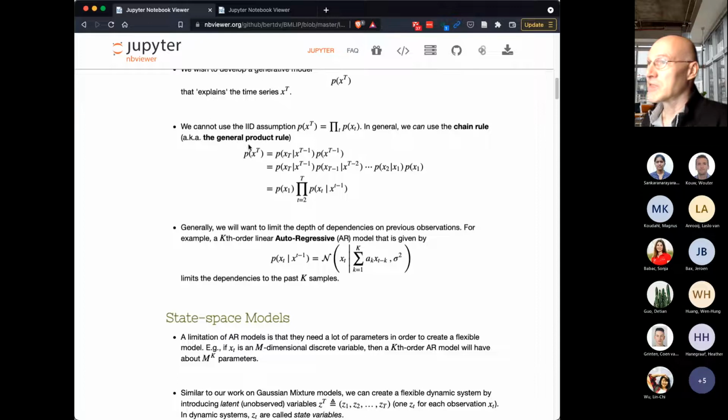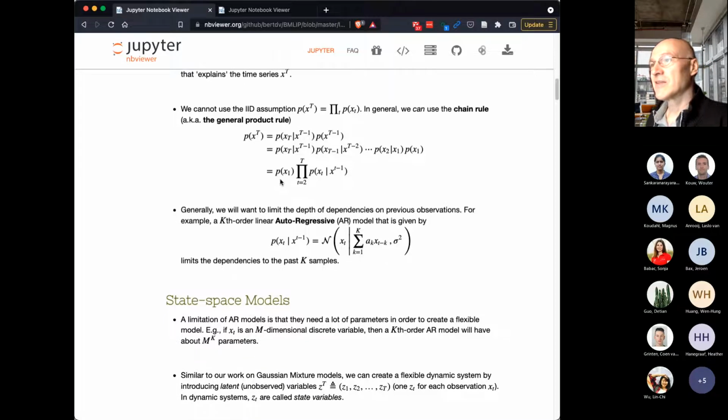This decomposition, the probability for a whole sequence, always decomposes into the probability for the first sample times the probability for the second sample given the past, times the probability for the third sample given the first and second sample, times the probability for the fourth sample given the first, second, and third sample, and so forth. This is just probability theory, the product rule. There are no approximations here. This is always true.